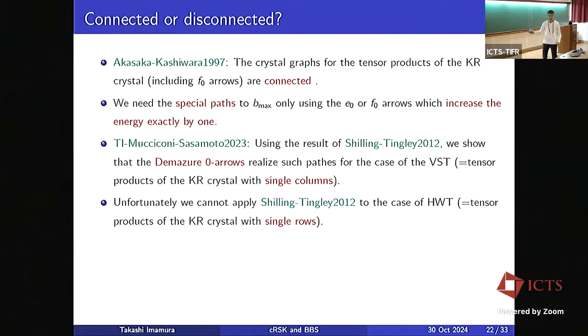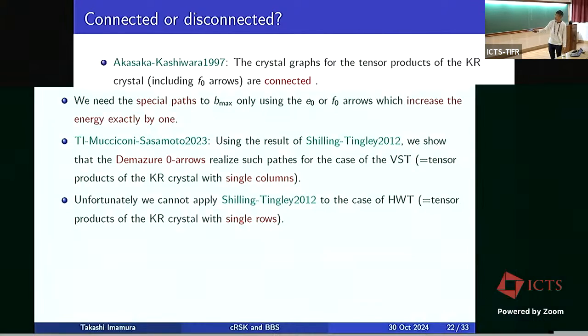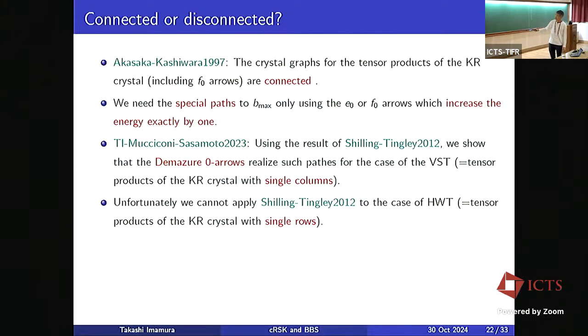This problem is, in my understanding, not so trivial. In our previous paper, Tomohiro talked about how we can use the result of Schilling-Tingley. We show that the de Majeur zero arrows realize such paths for the case of the tensor product of A R crystals with single columns.